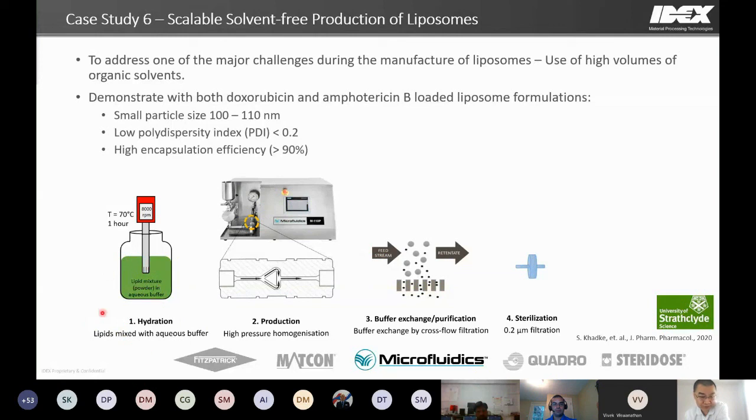For example, if you would create the amphotericin B liposomes, all you need to do is just to also add the lipophilic actives in this step here, mixed with the buffer directly. And obviously, you don't need to use the buffer exchange step, but you still have to perform the purification.